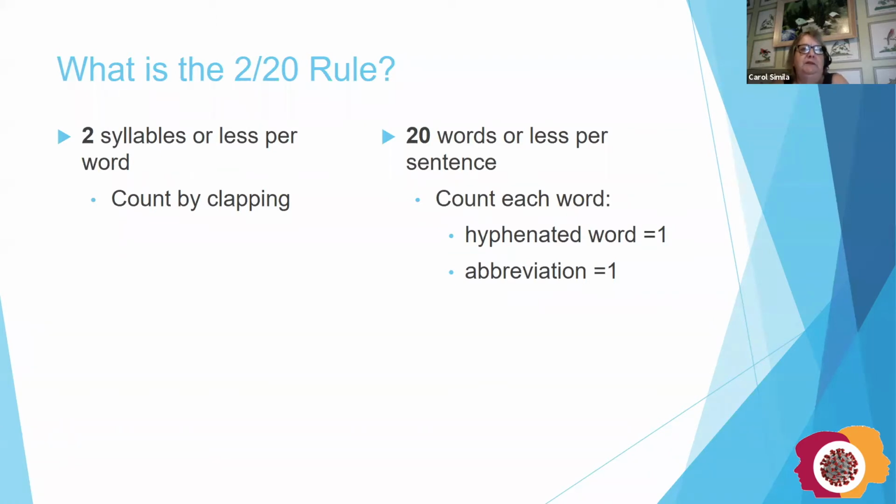When I see 220 rule, I think 2 syllables, 20 words. If you keep that little rule of thumb in mind as you're writing materials, it really helps to make your writing readable and at the 6th grade reading level.